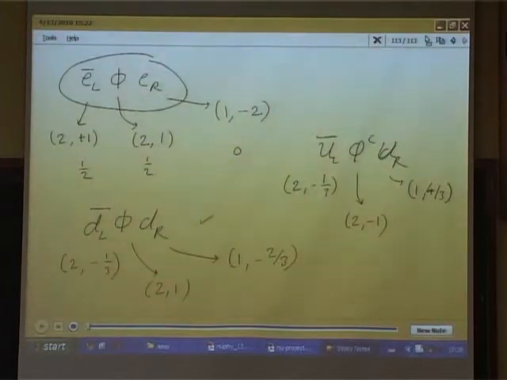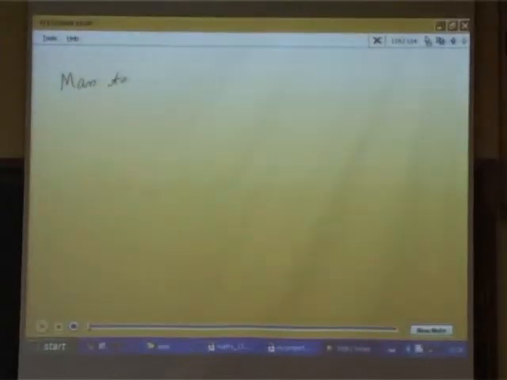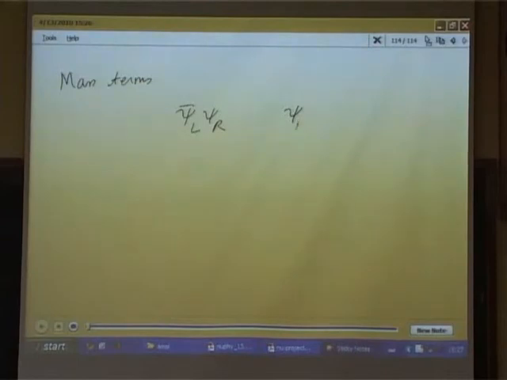So they are quadratic in fermions, and therefore they look like mass terms. Mass terms always have to look like psi bar psi.